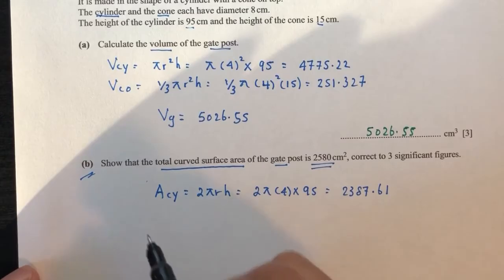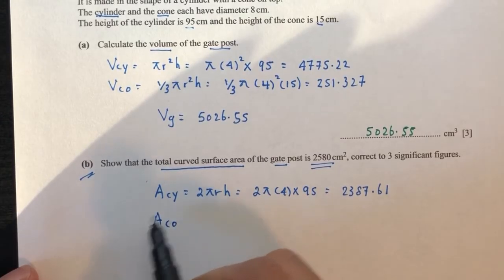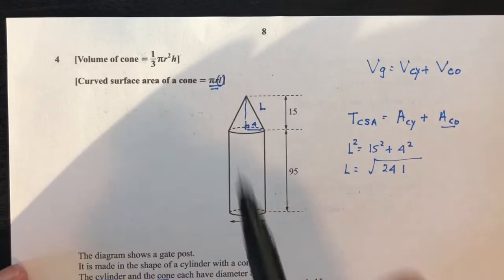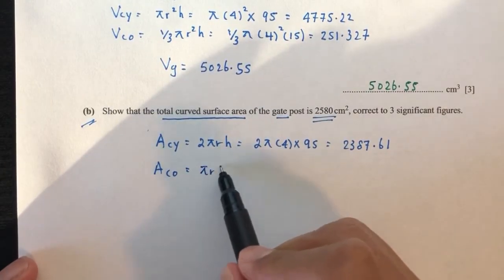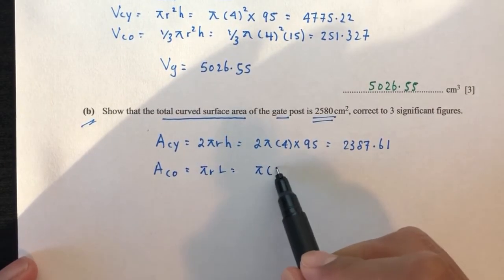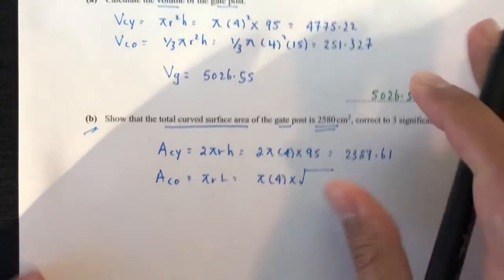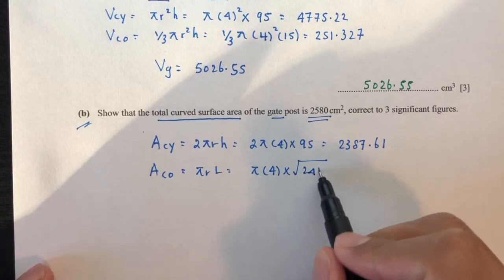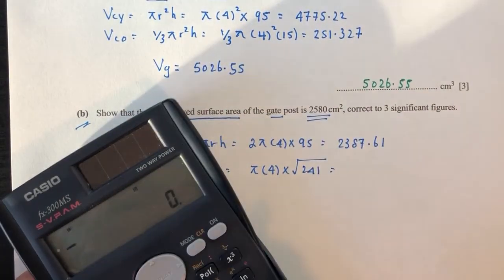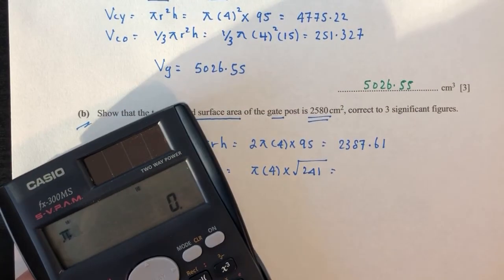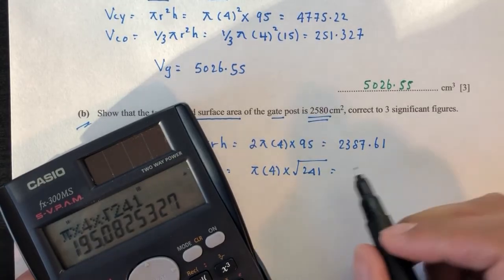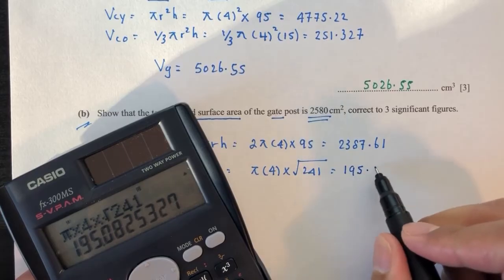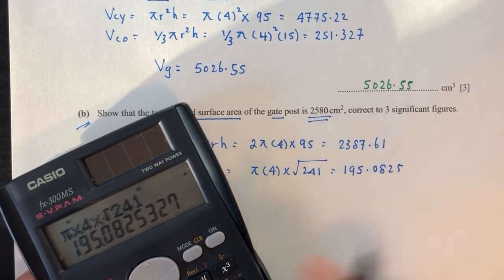So now let's find the area of the cone. It is given to us as pi r L. So replace pi r L. Pi is pi, R is 4, L is square root of 241. So pi times 4 times square root of 241. That will be 195.0825.